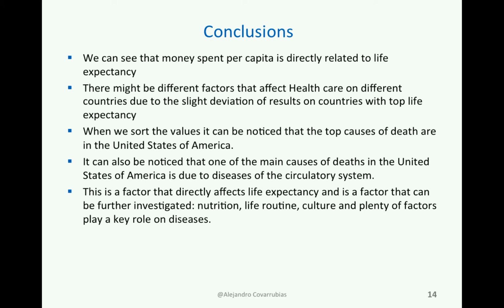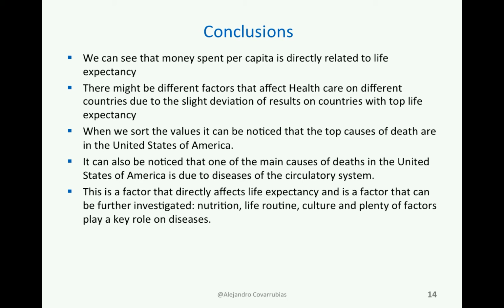This is, for example, referring to the United States of America, which spends around 4,000 in healthcare, and the life expectancy for each individual in the United States is 79, while there are other countries like Singapore, which I believe has like 81 life expectancy, and they spend less money in healthcare. So this is due to the fact that there are other factors.